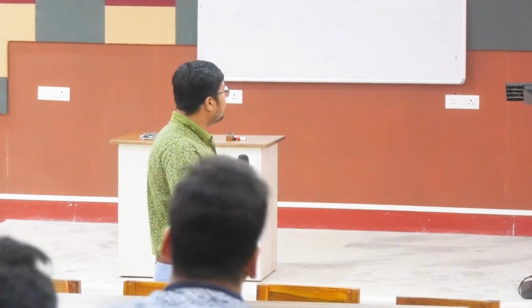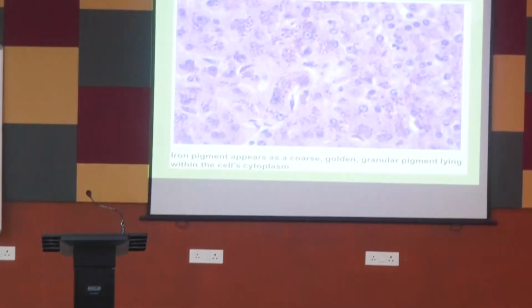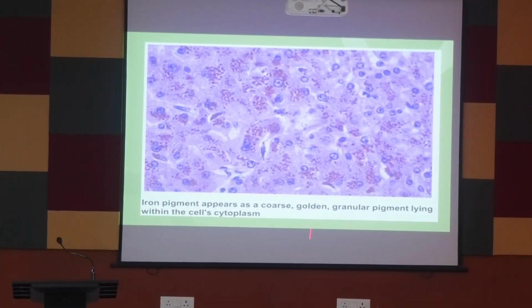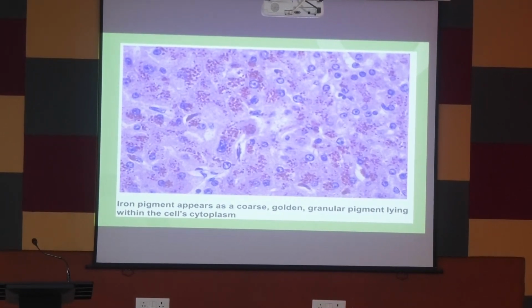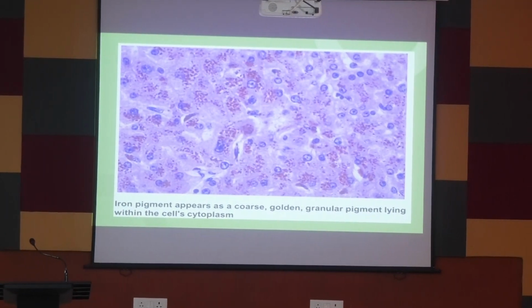So, this endogenous pigment, iron pigment, appears as coarse golden granular pigment lying within the cell cytoplasm. This is the liver. So, liver is the main powerhouse, the metabolic factory of our body.